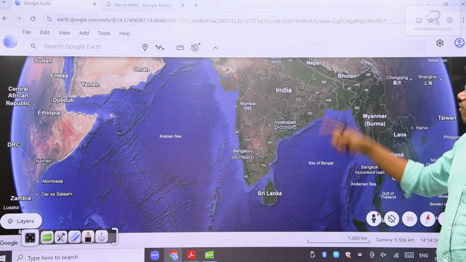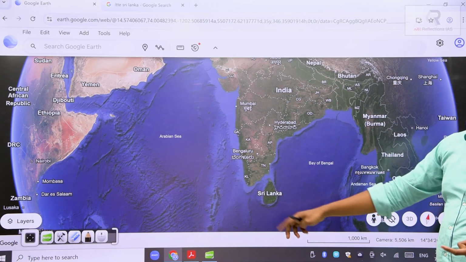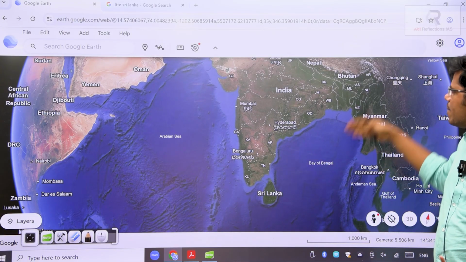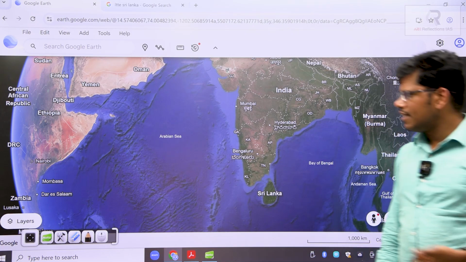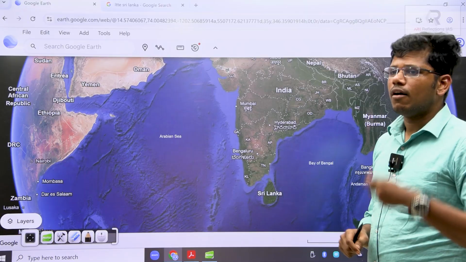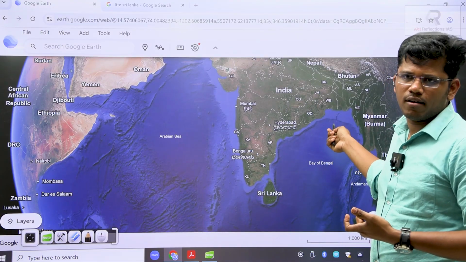In the future, if India wants to fight with China, Chinese naval bases are already present in these places. So that's one of the reasons India joined an important alliance called the Quad.